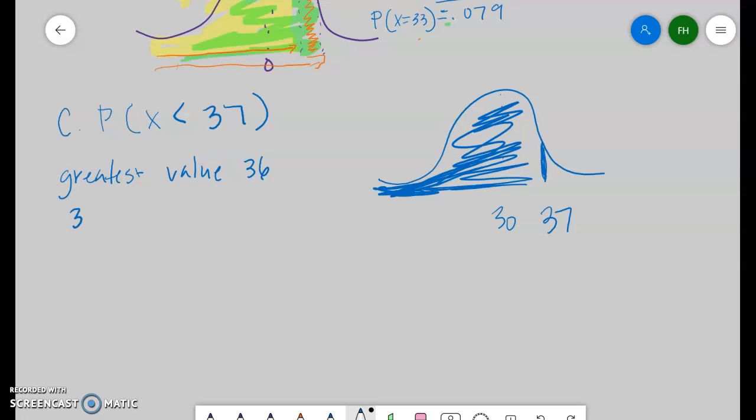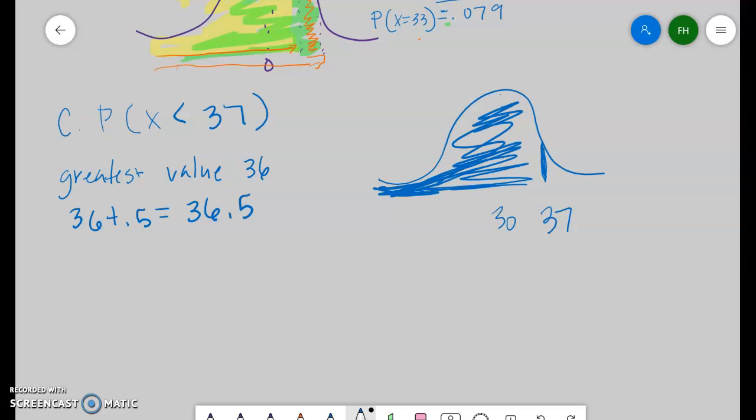So we're going to do 36 plus 0.5, and we would get 36.5. And the only reason we're doing this is because we're approximating the binomial distribution by using the normal distribution. And when we do that, we have to do the correction factor on it.